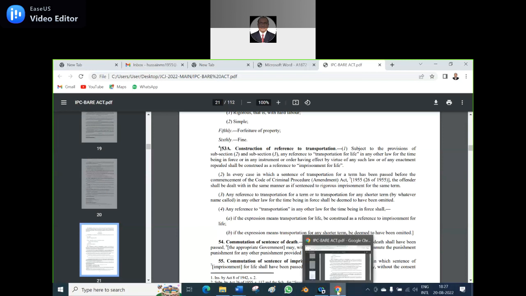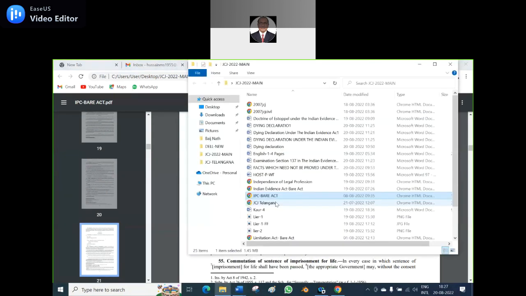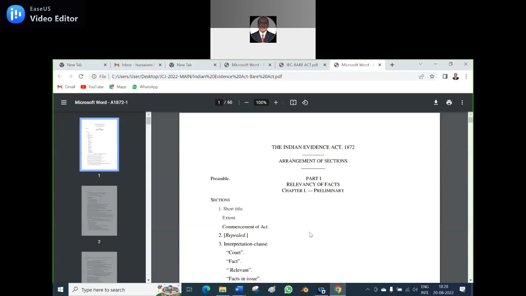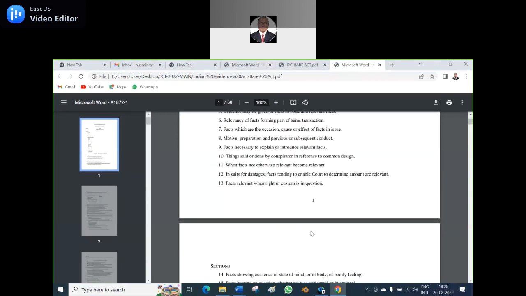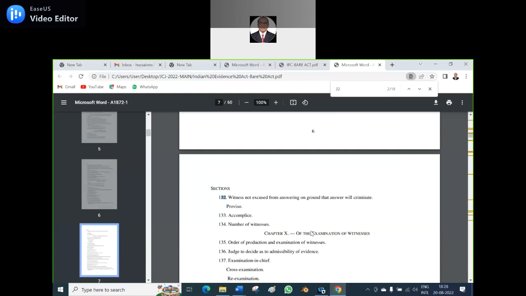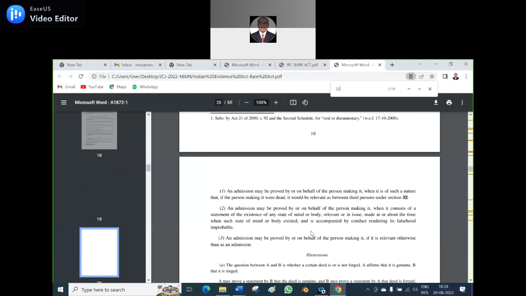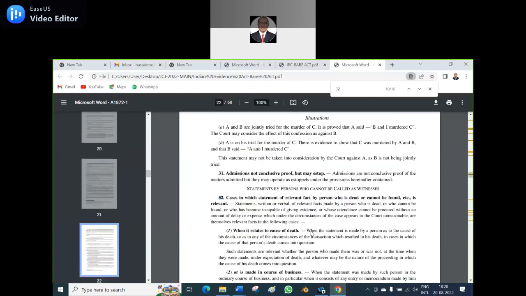But when you come to the Indian Evidence Act, Bare Act, I will show you now. There, it may be a different style. If you happen to see section 32, Control F 32, you can go to it directly. When you go to section 32, I will show you the way it is written.